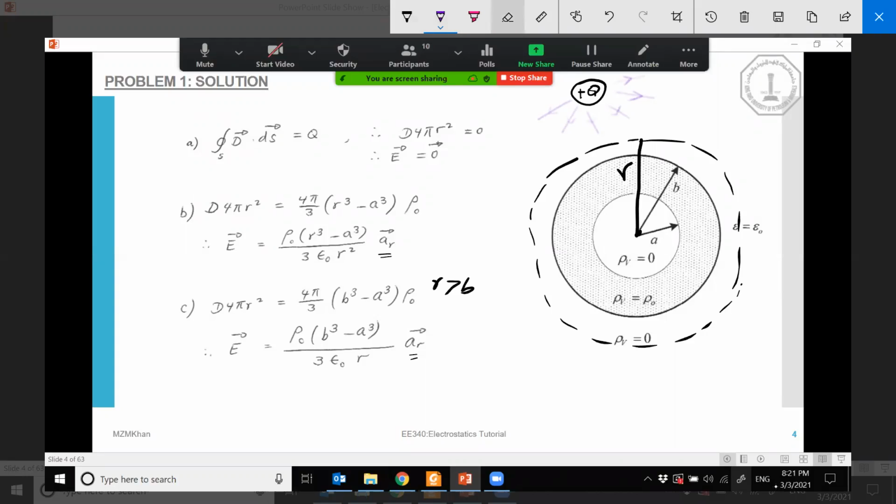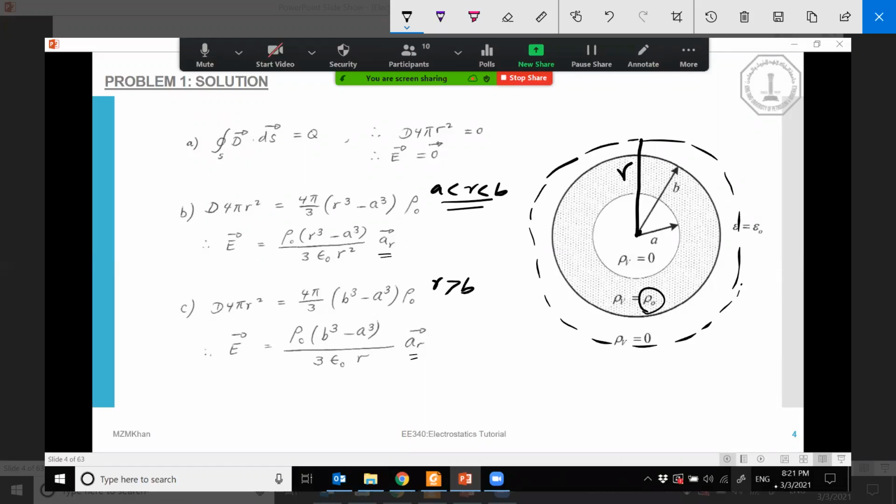With that experience, we are coming and solving this problem. Now in this problem, look at the region between a and b: you have this charge and it has a charge density which is positive.